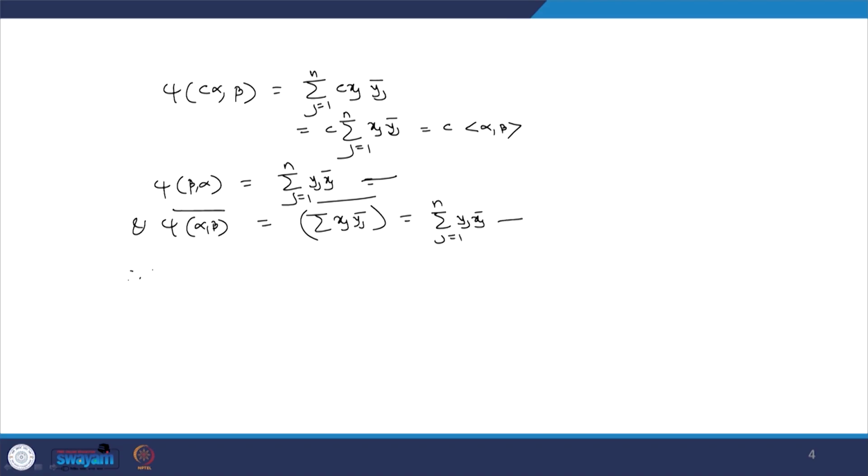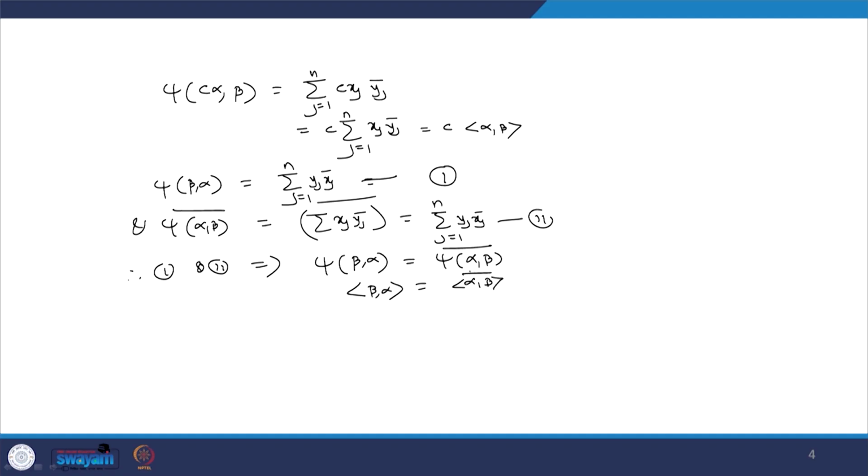So if I consider this as 1 and this as 2, then 1 and 2 imply that psi of beta alpha equals psi of alpha beta bar. So the inner product of beta alpha is equal to the inner product of alpha beta bar.